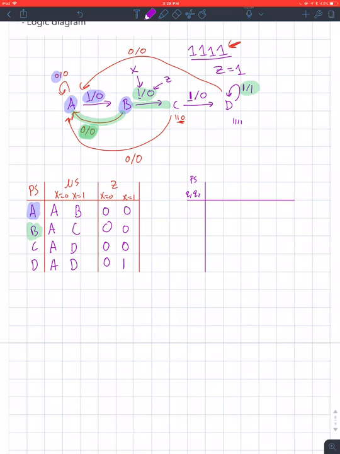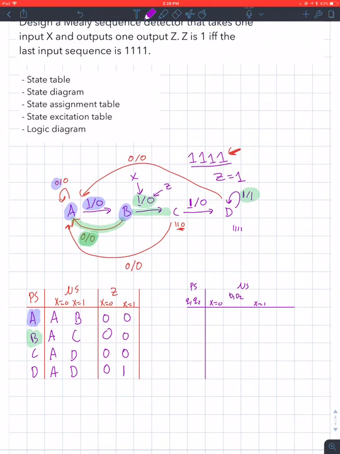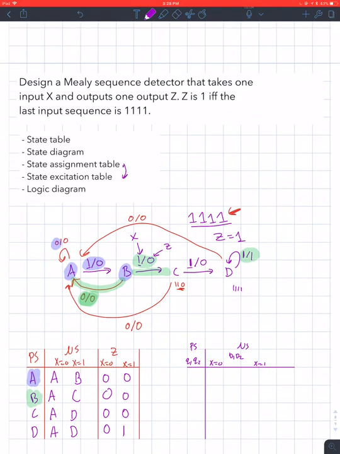So here I have my present state, this is Q1, Q2, and then my next state when X equals 0, X equals 1, this is D1, D2. The reason I use D1, D2 is that they ask you to use a state assignment and state excitation to draw your logic diagram.